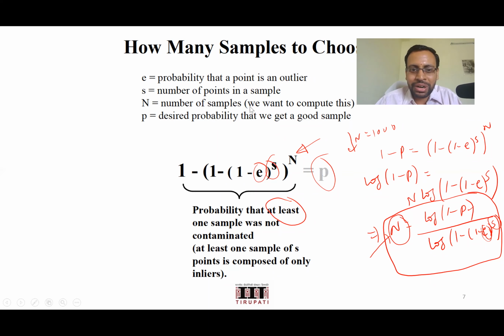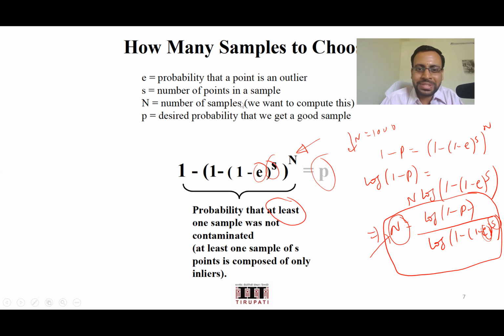So this is what we want to compute. How many times do I need to pick these points randomly? I pick two points once, and then compute inliers, outliers, fit that, get a parameter. Second time I again pick two points randomly, repeat this experiment.